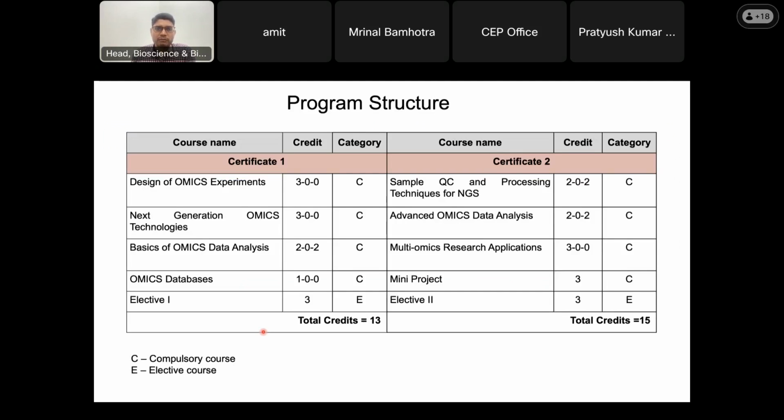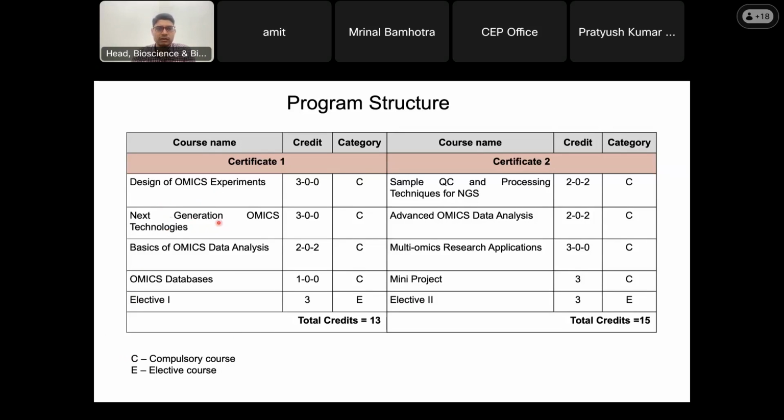So the program structure, if we look at more specifically what kind of courses will be catered in these certificate programs. Certificate 1, as Professor Mithali mentioned, will be catering to the basic training. There we will have courses on design of omics experiments, covering the different technicalities and concepts behind designing an omics experiment.